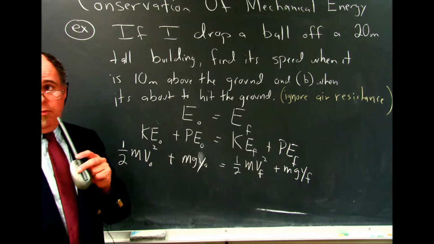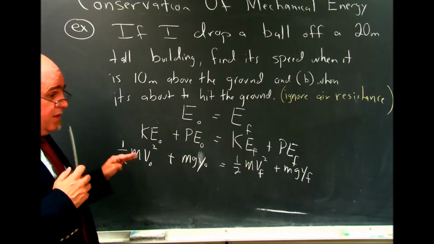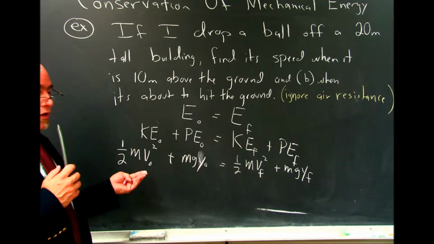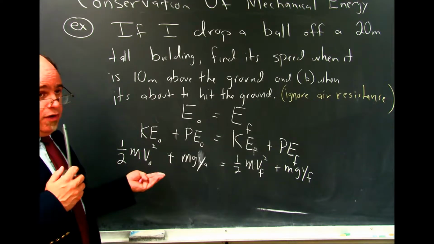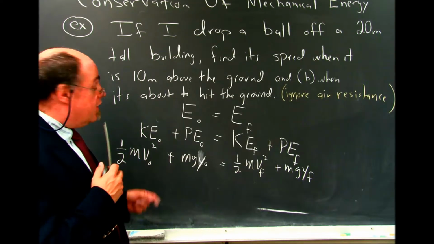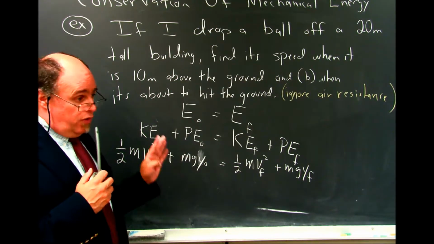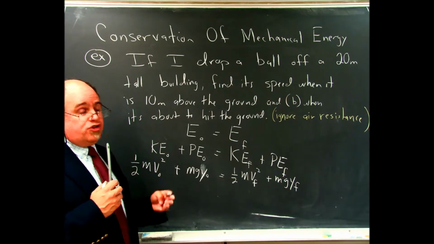So that particular problem can be solved by using the formula on the last line here, which is called conservation of energy for conservative forces only. So we're pretending that all the forces and all the energy can be accounted for.